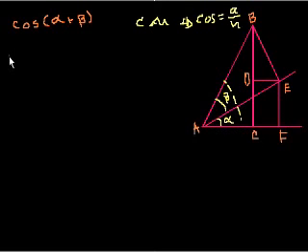So that equals the length of line AC over the length of the hypotenuse, AB. AC over AB. Now let's see what we can do with this.